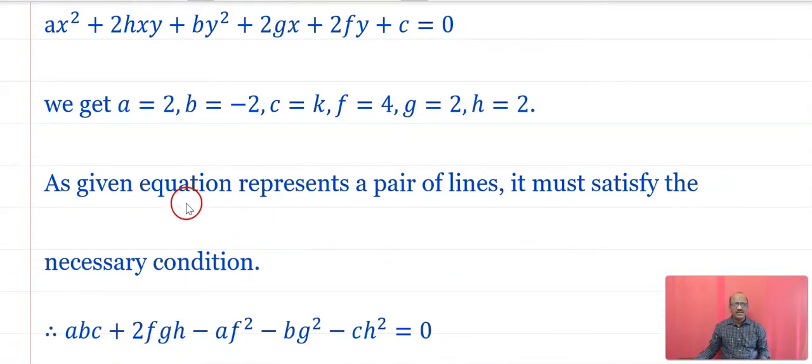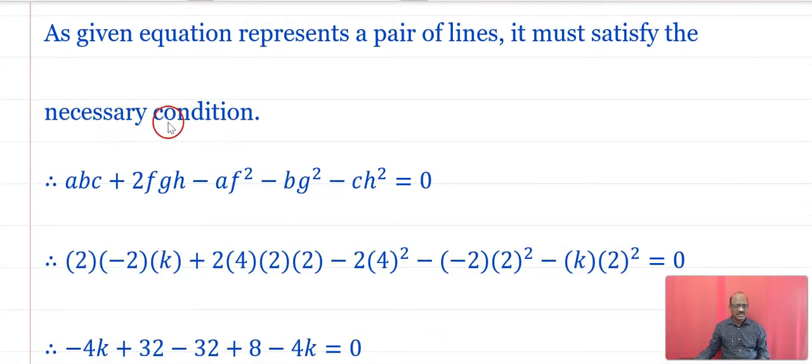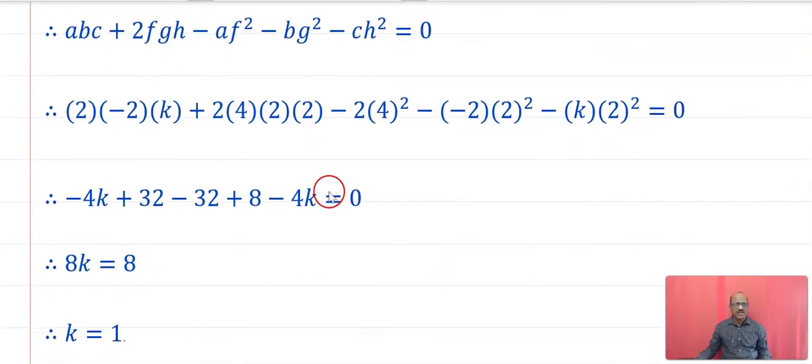As the given equation represents a pair of lines, it must satisfy the necessary condition abc + 2fgh - af² - bg² - ch² = 0. And substitute the values of a, b, c.